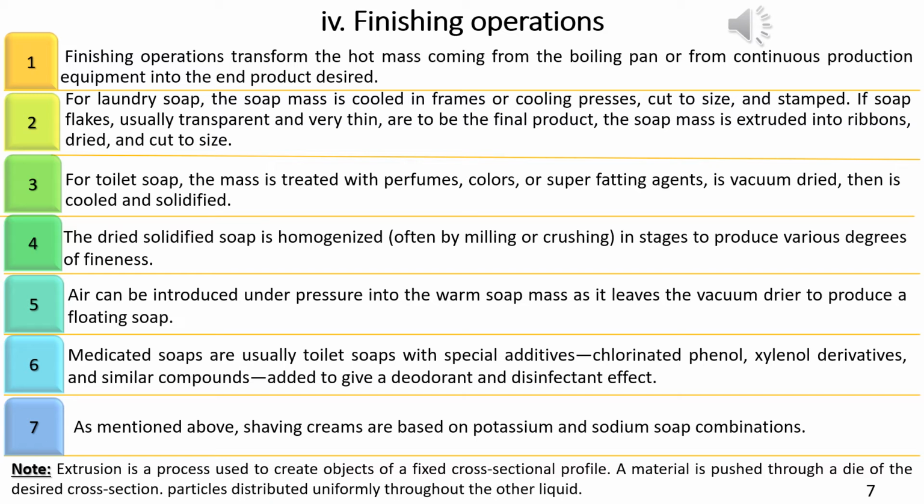So in this way, we cut or shape our soap into our desired shape or sizes. Number 5. Air can be introduced under pressure into the warm soap mass as it leaves the vacuum dryer to produce a floating soap. So after homogenization, we introduce air under pressure into the warm soap mass.